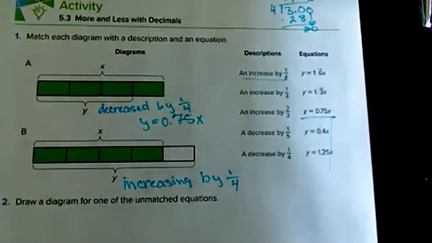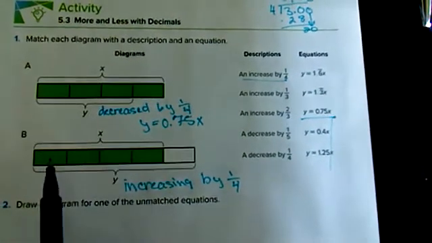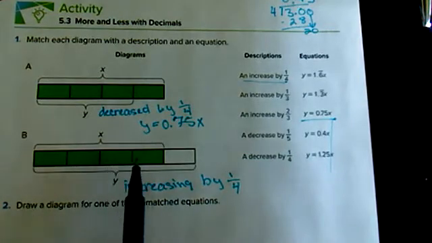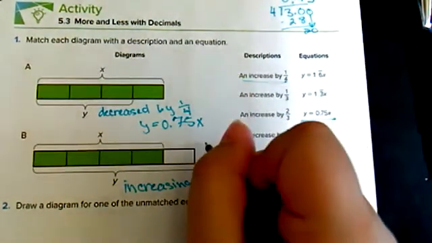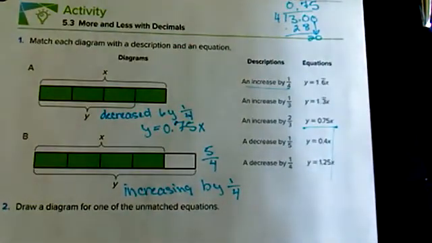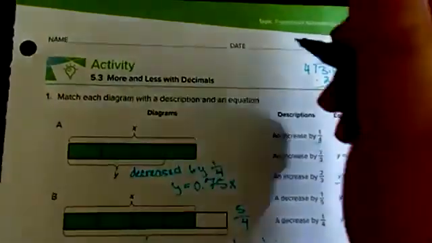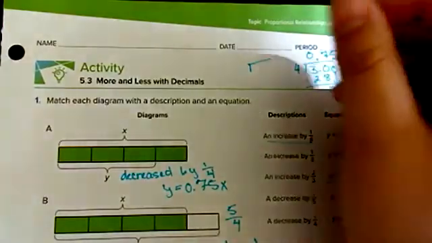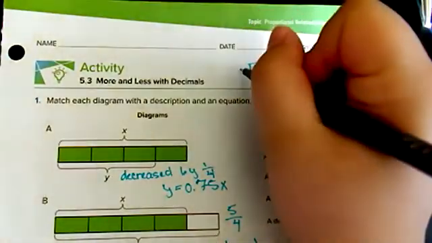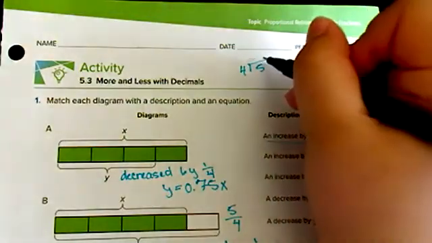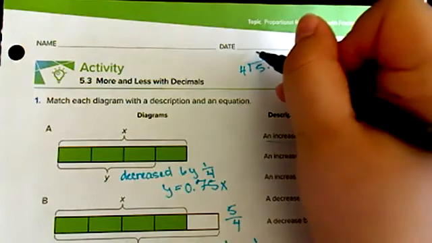So if we're increasing by 1/4, we want to count how many fourths do we have here? We have 1, 2, 3, 4, 5 fourths. So we need to figure out what's the decimal representation of 5/4. So we're going to divide 5/4. So 4 goes on the outside, 5 on the inside. 4 can fit into 5 once.